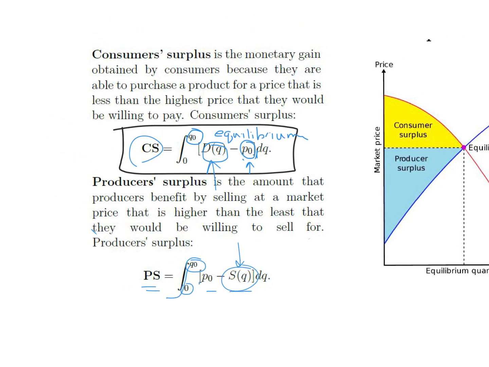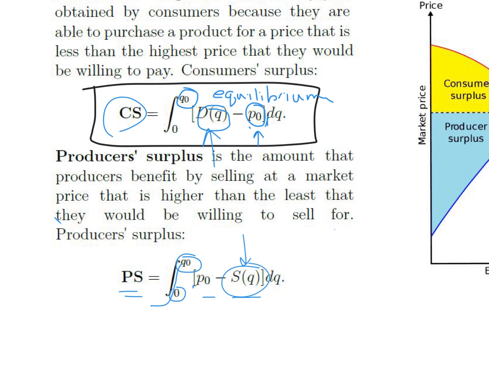So let's look at how we approach this. We're going to be given a supply and demand function. What I find is the majority of students are successful in finding the equilibrium price and quantity. That's cool.